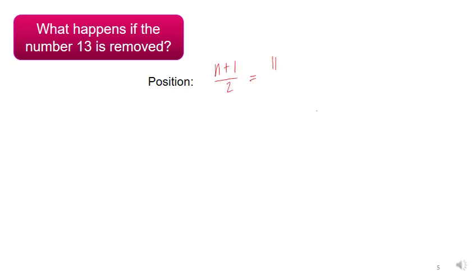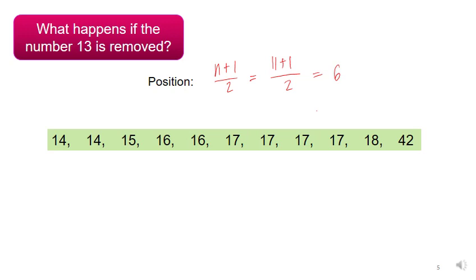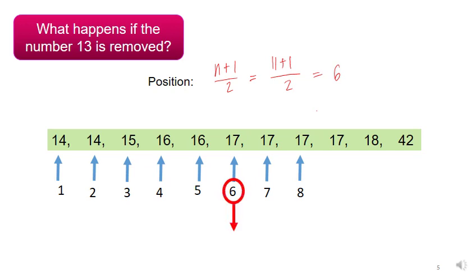This time we have 11 plus 1 because we've removed the value 13. 12 over 2 is just 6. Looking at our data set, where we have 11 points and 13 removed, the median would now sit in the 6th position. You count through again and notice that 17 is our median in this case.